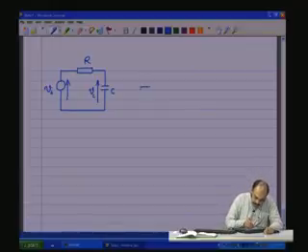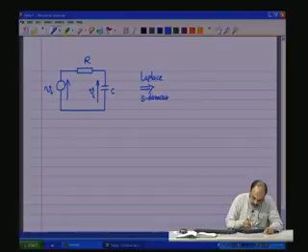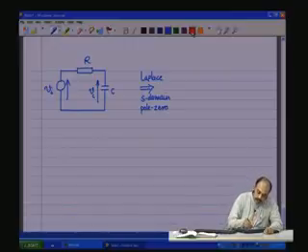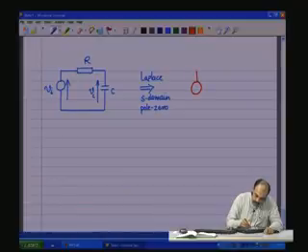Now, if we want to transform it to the Laplace domain or the S domain or the pole-zero domain, the circuit topology remains similar.